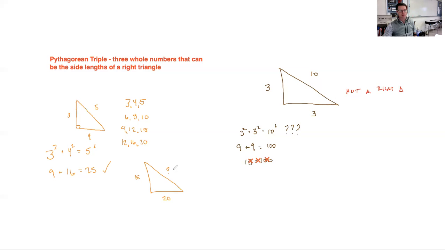So this is just my 5 side times 5. So that would be 25. I don't even have to do the Pythagorean theorem because I recognized the Pythagorean triple. So you'll get better at that. I know it might be a little confusing right now, but you will get better at identifying these Pythagorean triples and using them to help you solve for unknown sides.